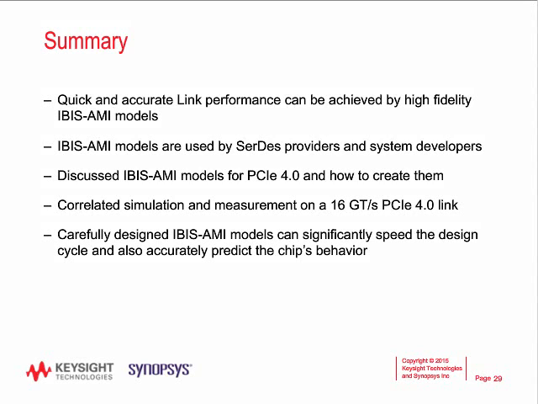We also discussed how these IBIS-AMI models can be generated and how they can be validated. And finally, we showed very close correlation between our simulation and measurement at 16 gigatransfers per second for our PCIe 4 link. We also, in the validation of the model process, showed very close correlation between our simulation and our transistor level simulation.